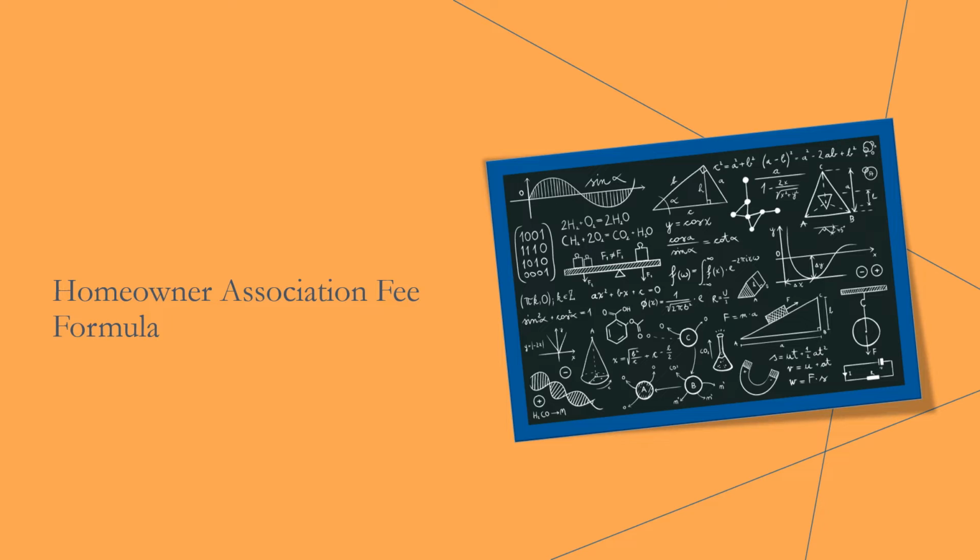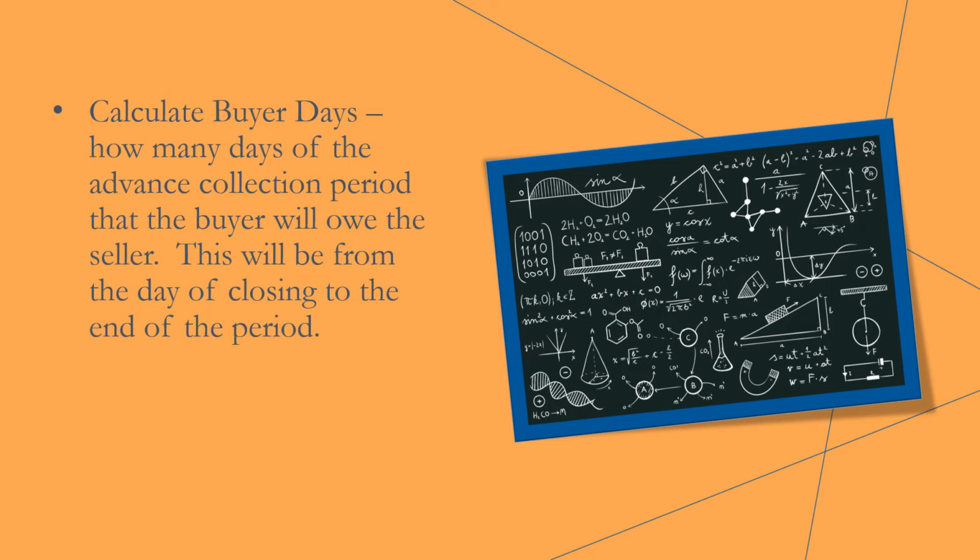Homeowner association fee formula. To work with the homeowner association fees on a closing document, you have to calculate how many buyer days the buyer is going to owe the seller for the homeowner association fees that have been prepaid. So buyer days are how many days of the advance collection period that the buyer will owe the seller, and this will be from the day of closing to the end of the period.